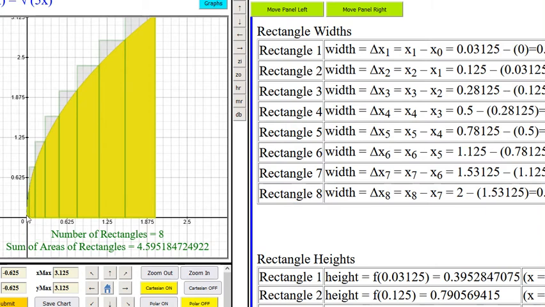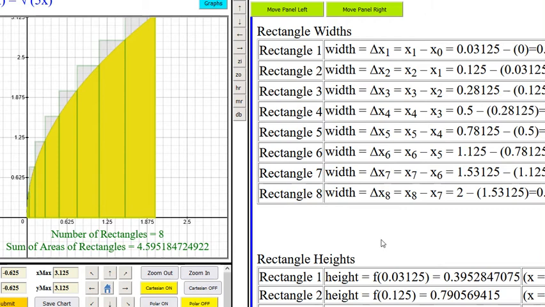And so this point right here is 0, and x sub 0 is 0, x sub 1 is 0.03125, and to find the height of the first rectangle, we will use the right endpoint method. And so if x is 0.03125, then y will be 0.395. And that would be the height of the first rectangle.